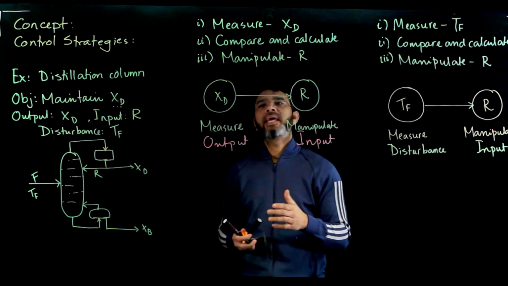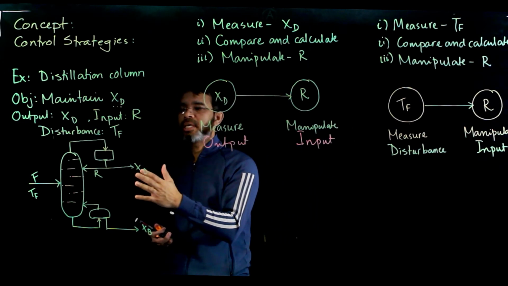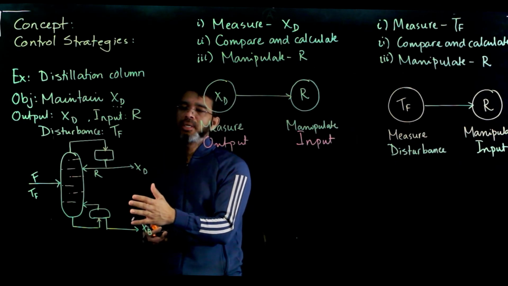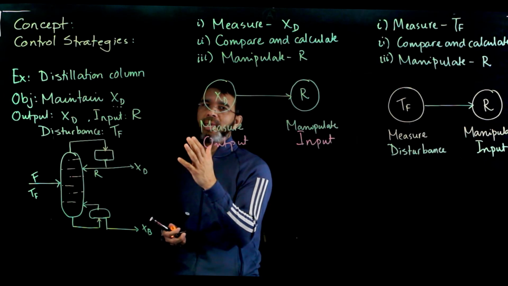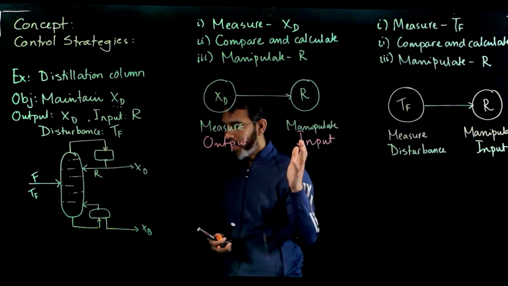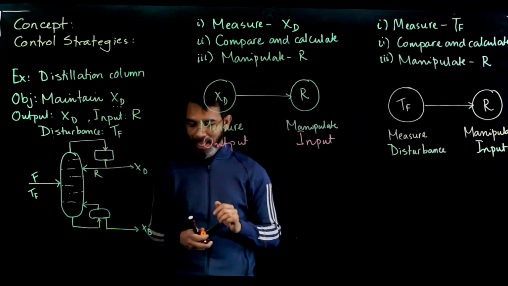For the first case, some disturbance enters the process, the change takes place in the output variable, and you send that information back to the system to take some control action.